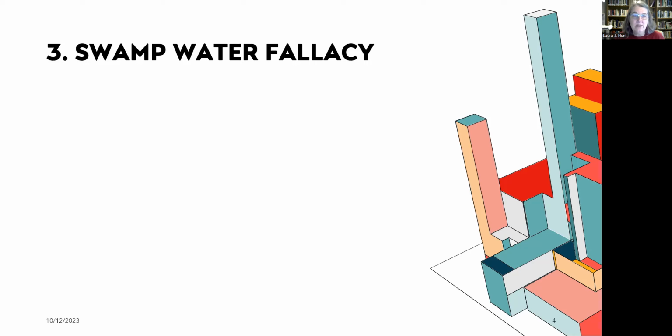So a couple of ways the swamp water fallacy shows up. The limitations that the context puts on the word in one place doesn't necessarily apply to another. So for example, Ezekiel 11:2 talks about men who give wicked counsel in this city. And then Psalm 1:1 uses the same word when it talks about blessed is the man who walks not in the counsel of the wicked.